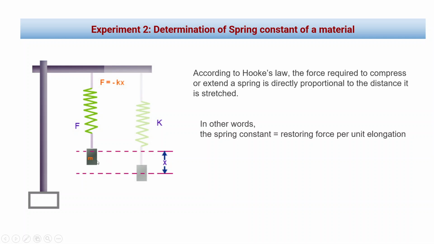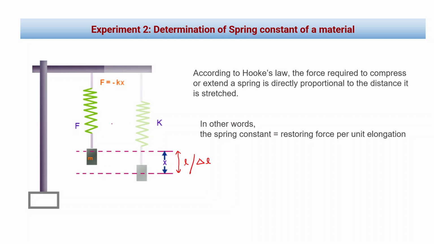When I attach some mass to it, this was its original position. Now it will move by this amount. Call it depression or elongation, but its length will change by some x, or you can call it L or delta L. It is all about the denotation. You can denote it by anything, it's okay.